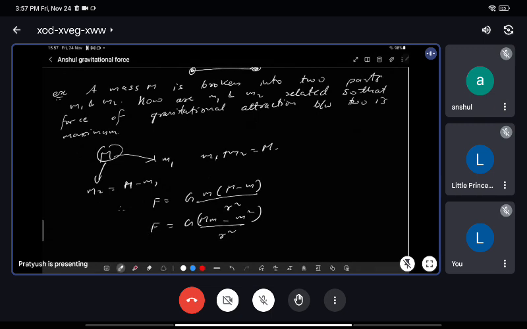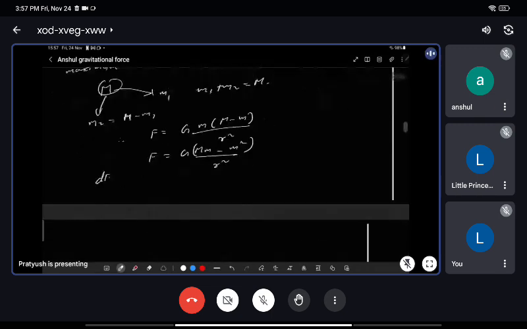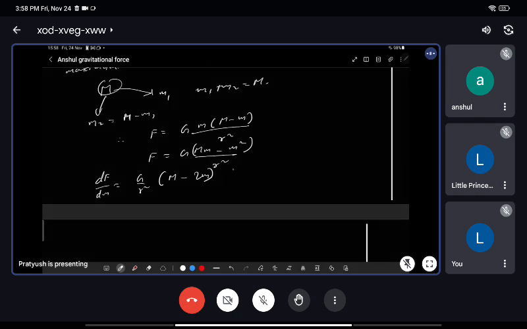Differentiate it with respect to mass, dF upon dm. G upon R square is constant, and capital M is constant, so it remains as it is. Small m will be differentiated and it will become 2 into small m.